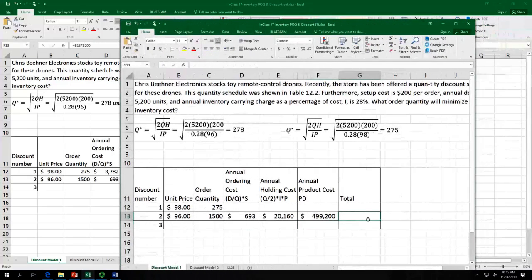Then the 3 added together, so equals the sum of the 3: annual order cost, annual holding cost, annual product cost. That's the total cost if you order 1500, by taking advantage of the discount price, 96.